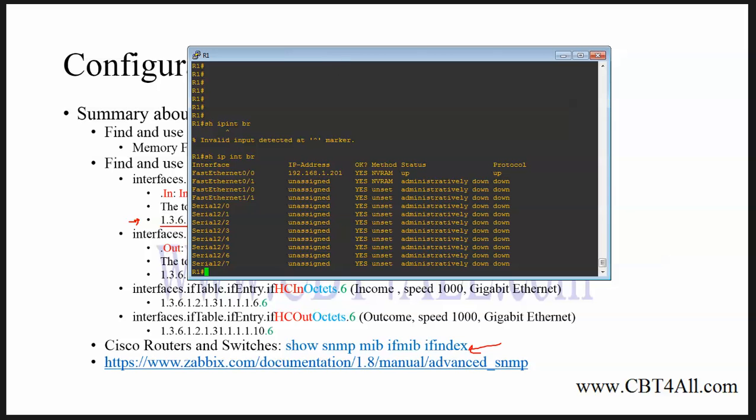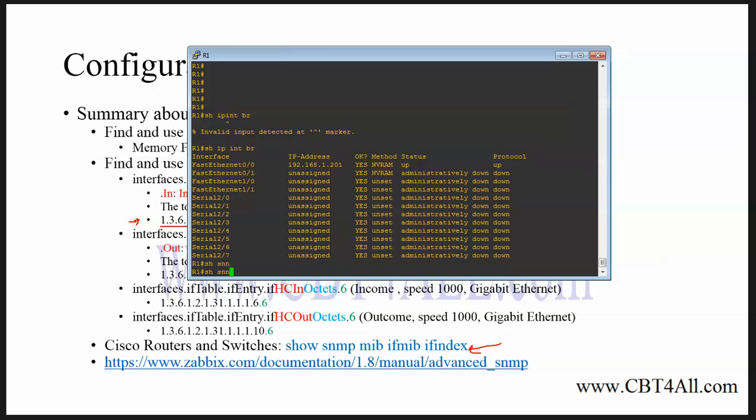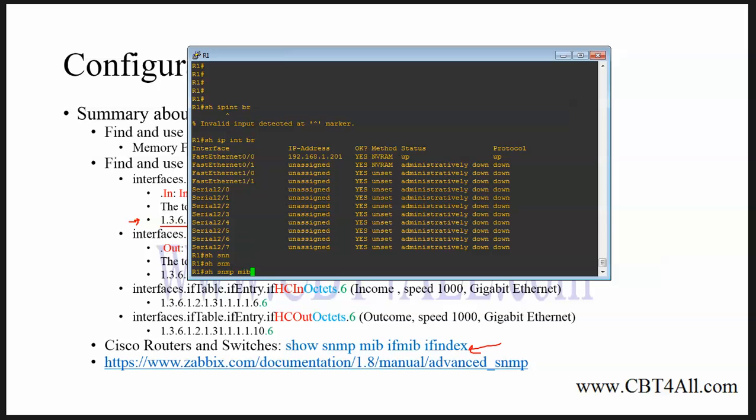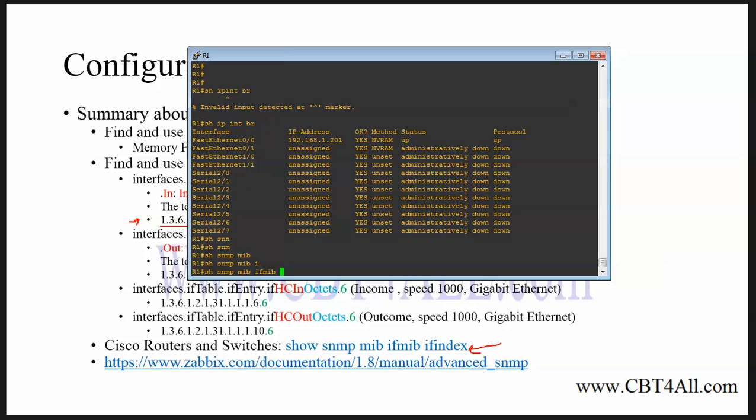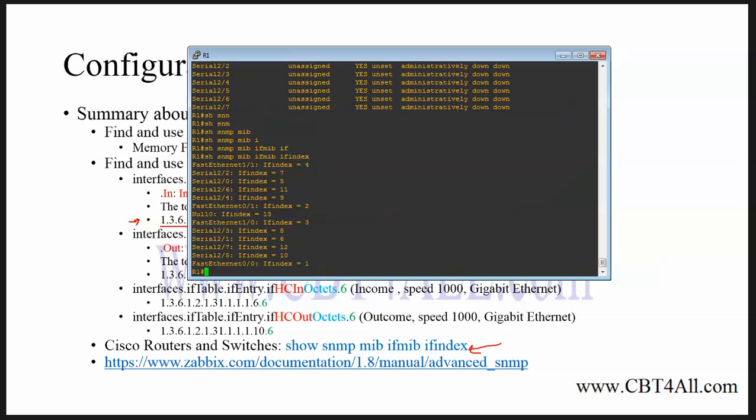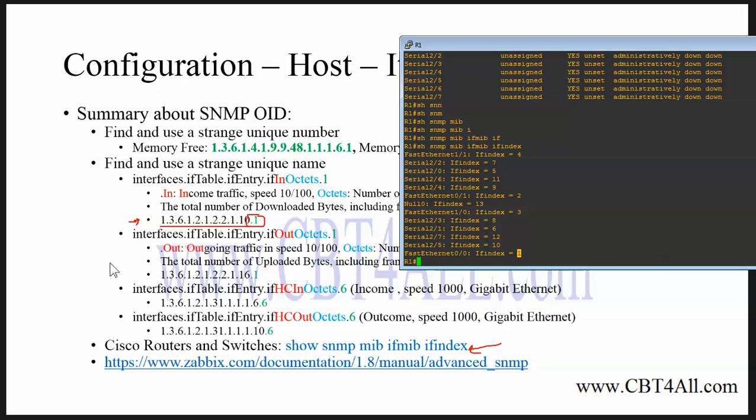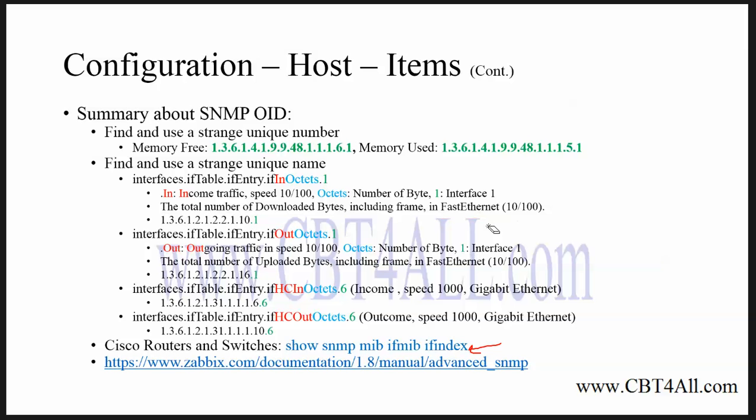So show snmp mib ifmib ifindex. What does it mean? FastEthernet 0/0, the index number is 1. So this part is fixed.